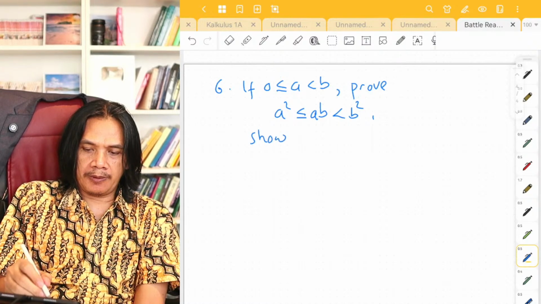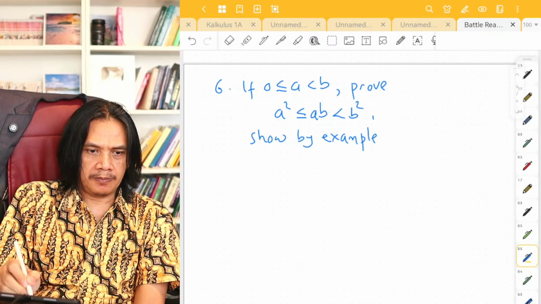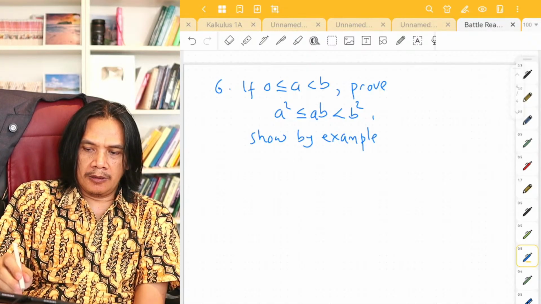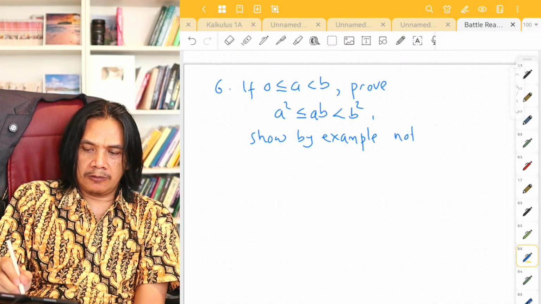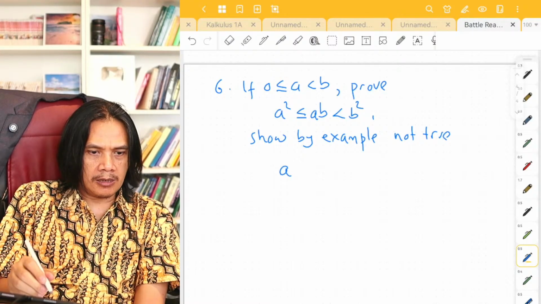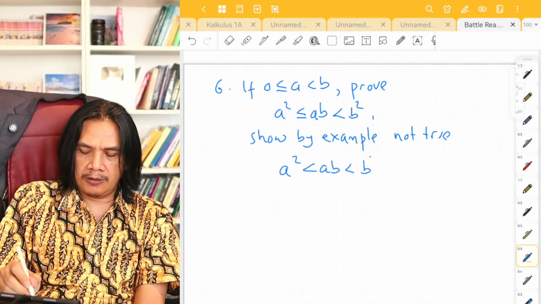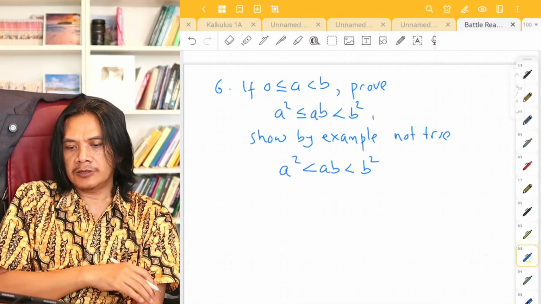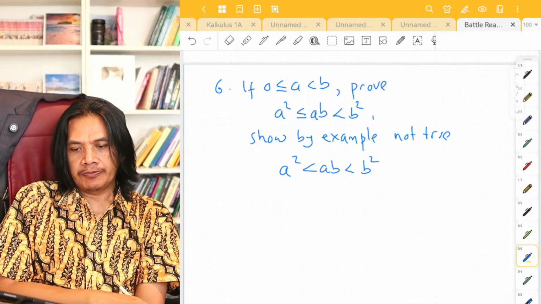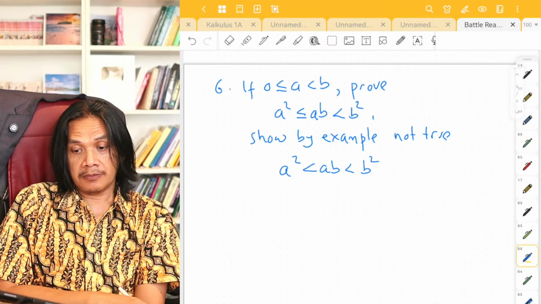Show by example that A and B positive is not enough. Okay, so prove the first one.